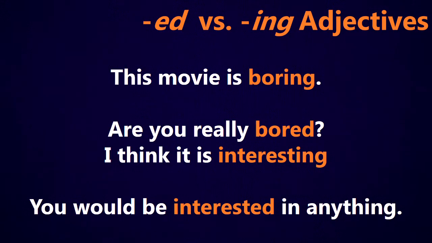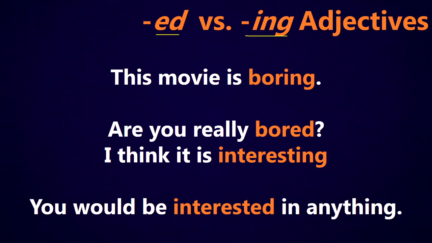A couple kinds of adjectives that get easily confused are the ed adjectives and the ing ones. So we've got these pairs of adjectives where the only difference between them is whether it ends in ed or ing. And it can get confusing which one is which when you're describing things. So for example, I can say, this movie is boring.